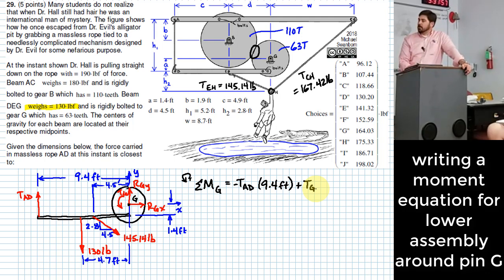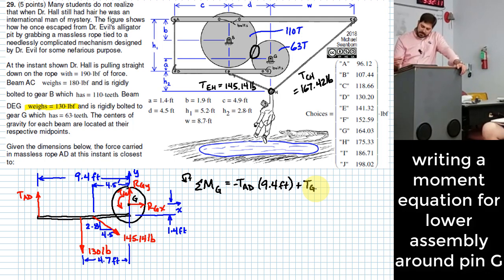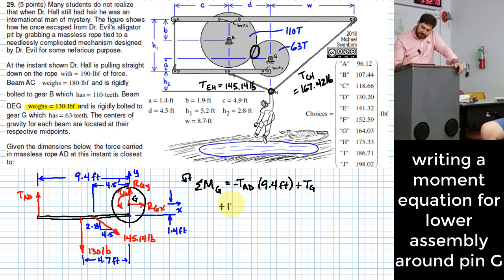TG does not need to be multiplied by any length because it is already a torque, right? So I don't need to multiply it by a length to make it into a moment or torque. All right, someone mentioned a second ago the weight of the beam. I agree with that. So let's add that in down here. Let's say there's a counterclockwise tendency to rotate of 130 pounds times what? 4.7 feet.